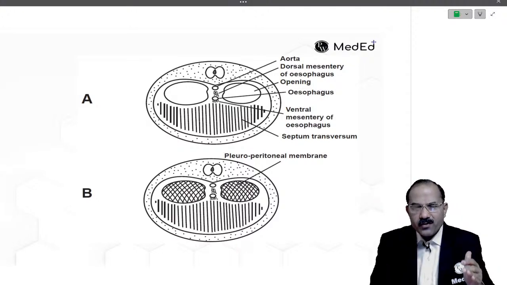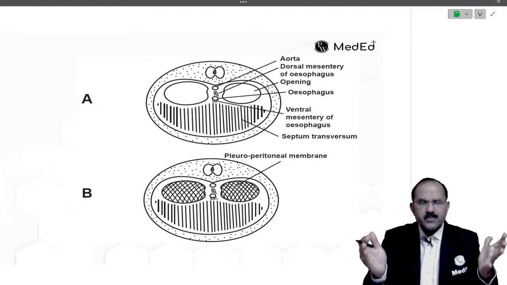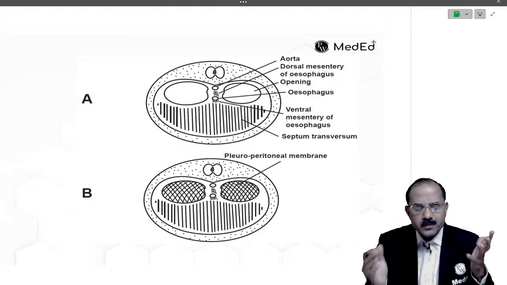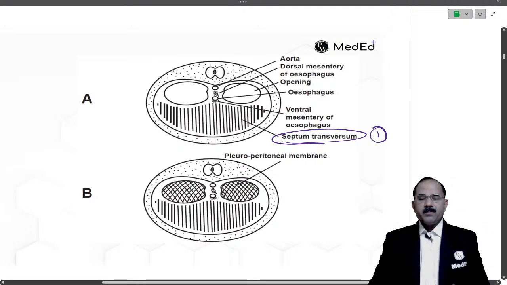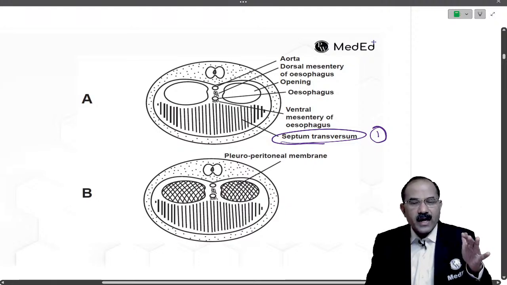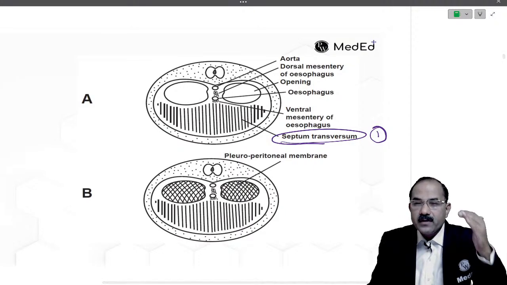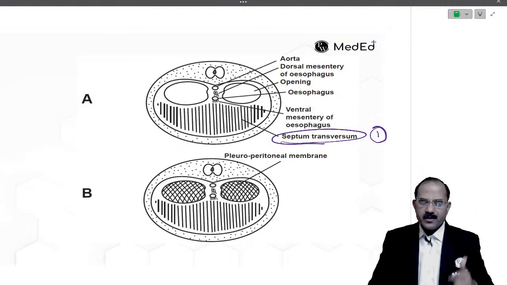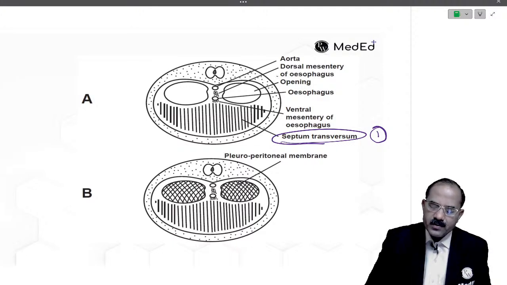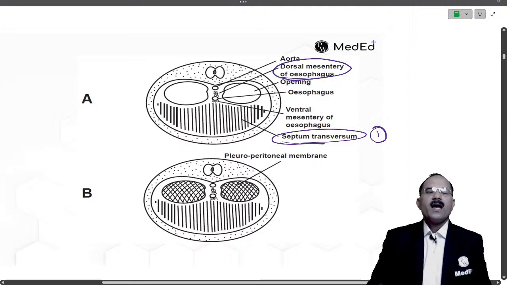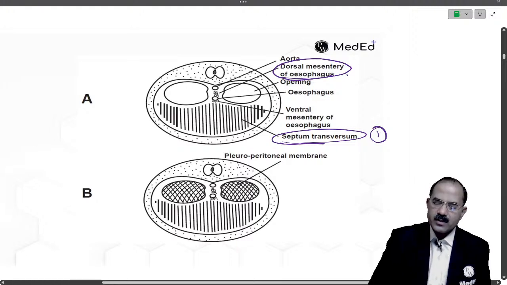So, development of diaphragm. What is the main contribution to the diaphragm? The main contribution to the diaphragm is septum transversum. Septum transversum forms a major part of the diaphragm. It forms the central tendon of the diaphragm. Central tendon, right? The second is the dorsal mesentery of the esophagus. And this dorsal mesentery of the esophagus is going to form the crura of the diaphragm.